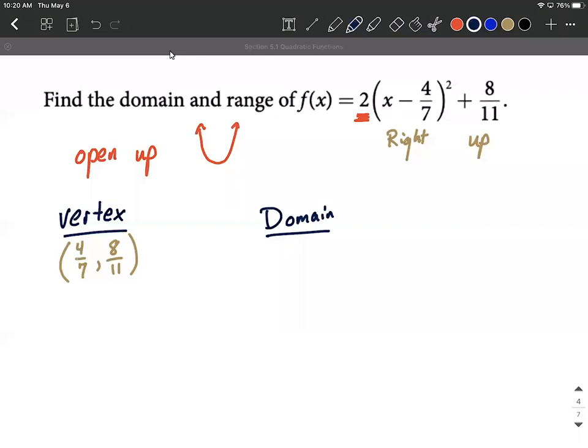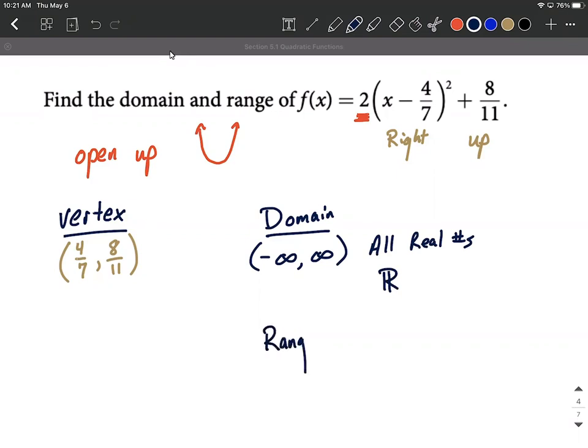So our domain is going to be all real numbers, or usually we use negative infinity to positive infinity for interval notation, but this means the same thing as all real numbers are allowed to be plugged in here. Sometimes we'll see this notation meaning the same thing as all real numbers, or negative infinity to positive infinity.